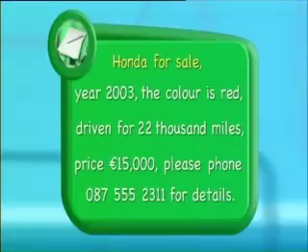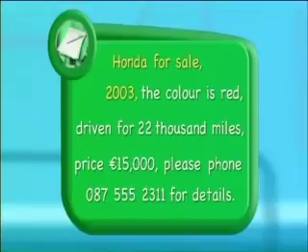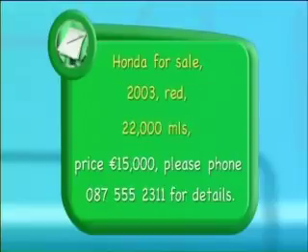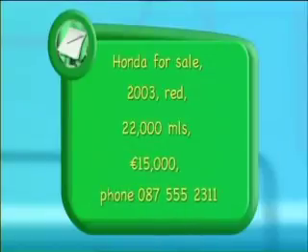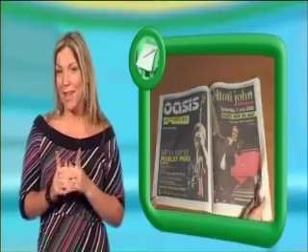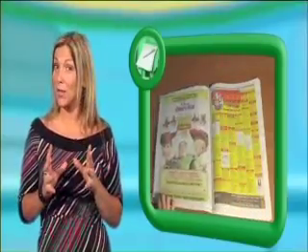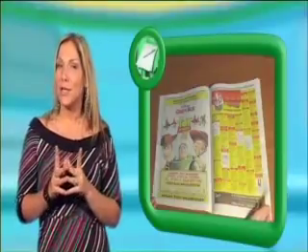Honda for sale, 2003, red, 22,000 miles, €15,000. Phone 087 555 2311. So the trick is to be short and sweet. It's a useful skill to have, so once you've learnt it, you may find yourself using it a lot more.